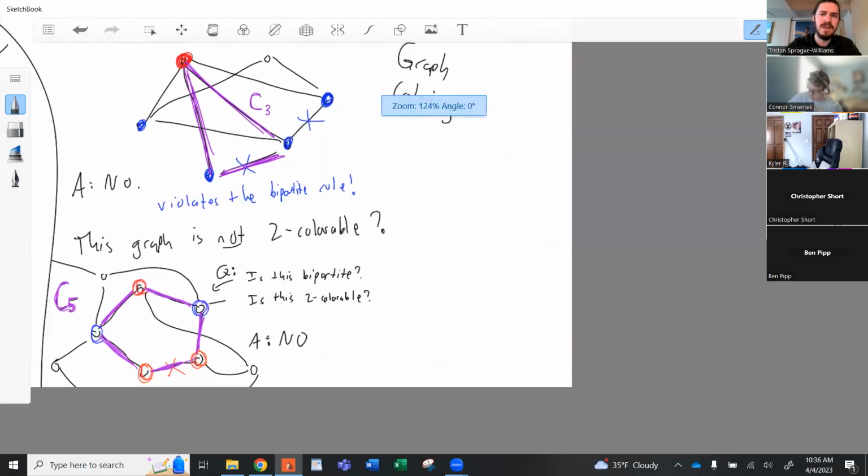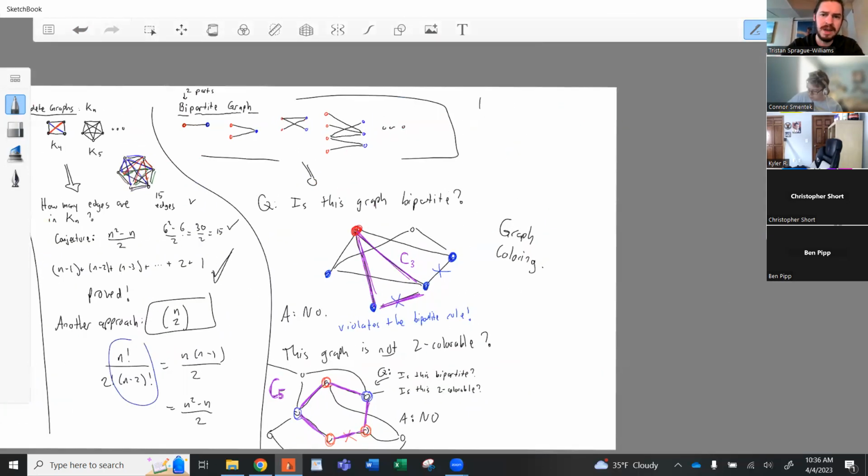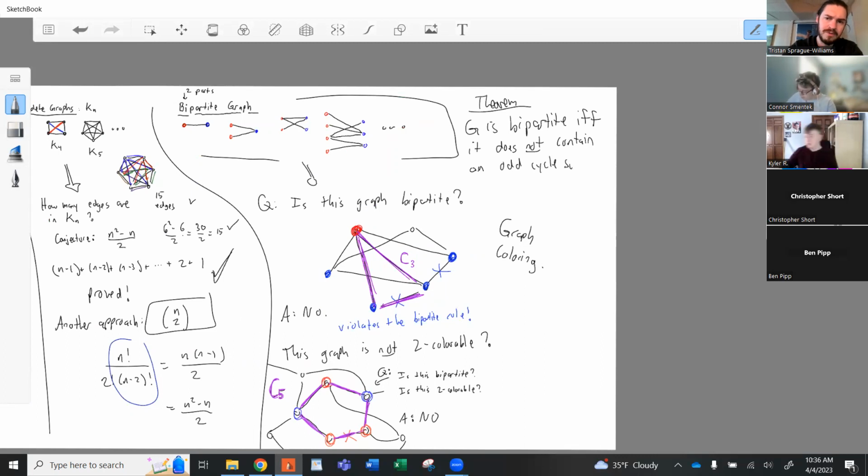And so this is a theorem about bipartite graphs. A graph G is bipartite if and only if it does not contain an odd cycle subgraph.